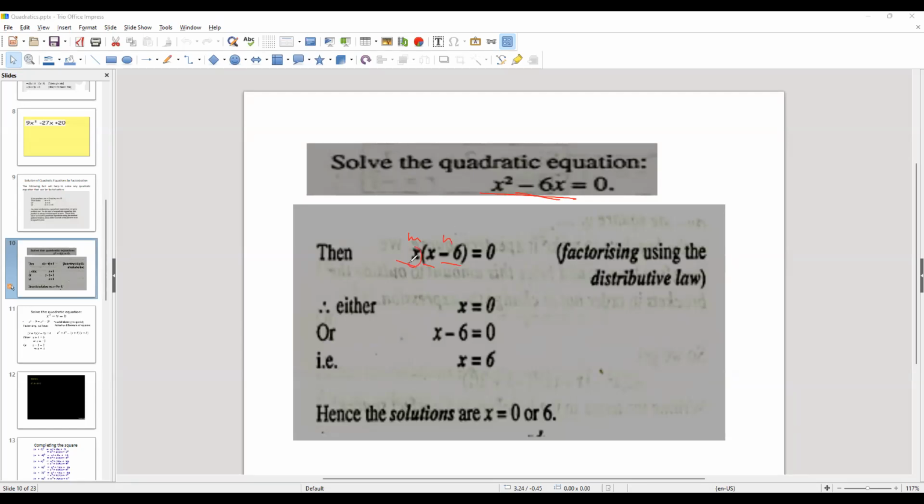So it's either x equals 0 or x minus 6 equals 0. Well, you already got a solution here. Or x minus 6 equals 0, and if x minus 6 equals 0, you take the 6 over there, x equals 6. And you got two solutions. See? You follow so far?